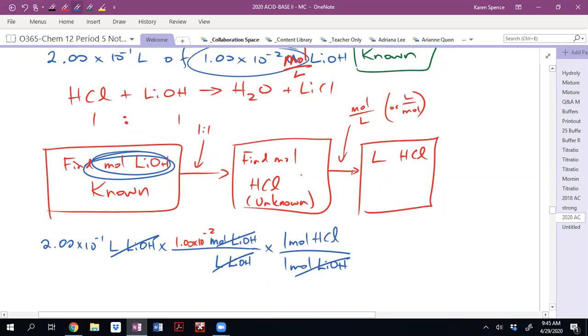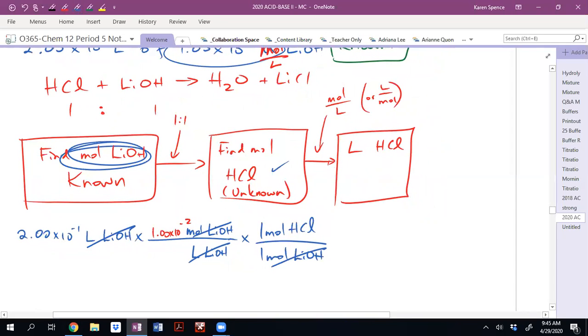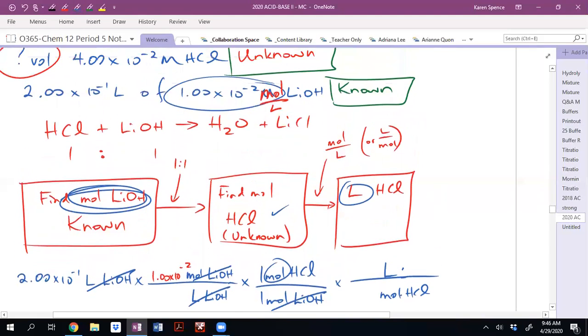So now we have made it to here. And now we need to find our liters of HCl. So we're going to need to cancel our moles of HCl and find our liters of HCl. And the relationship between moles and liters for HCl is the molarity of the HCl, the moles per liter.